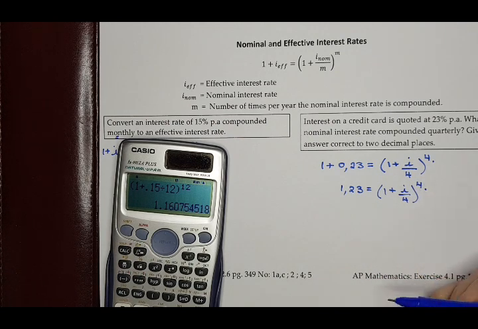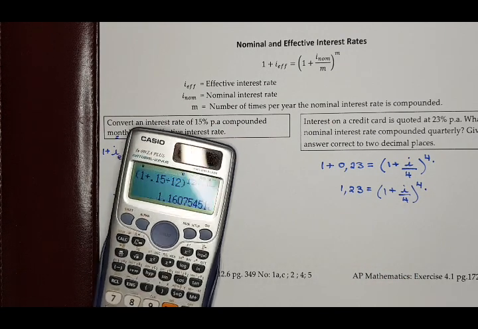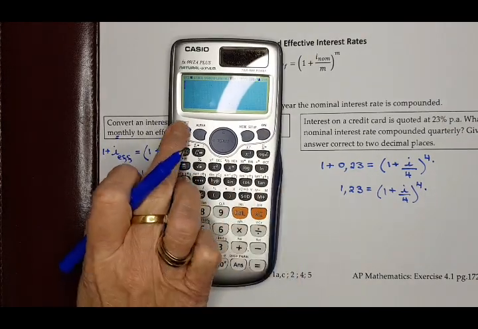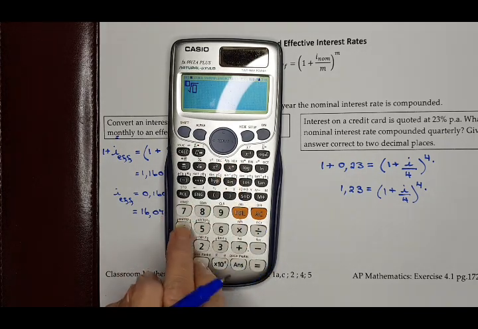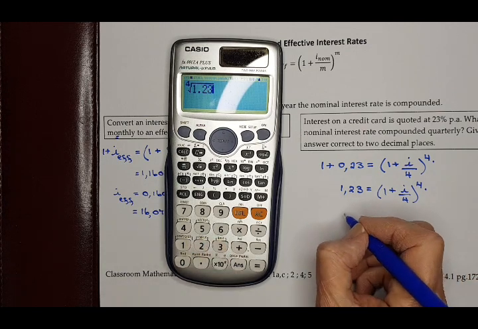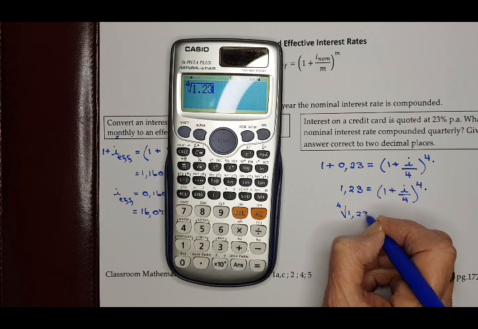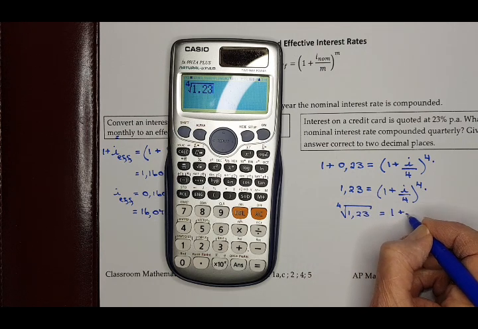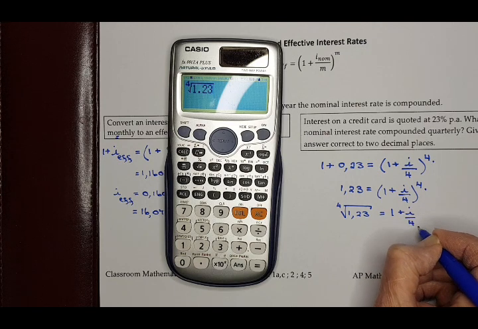How do I get rid of a raised to the power of 4? I'm going to take the fourth root. So I'm going to take the fourth root of 1.23, and that is equal to 1 plus i over 4.